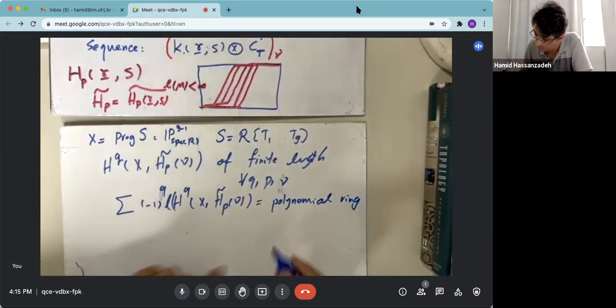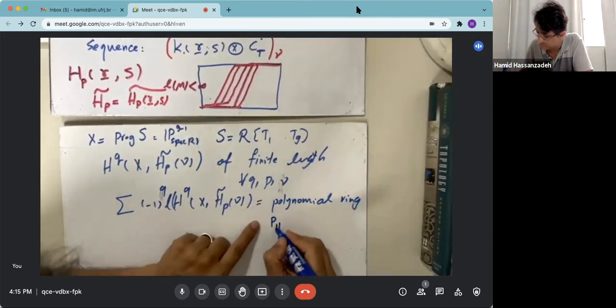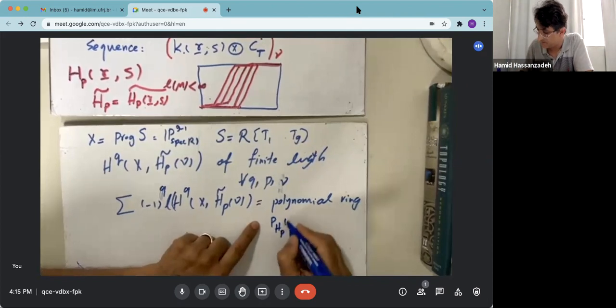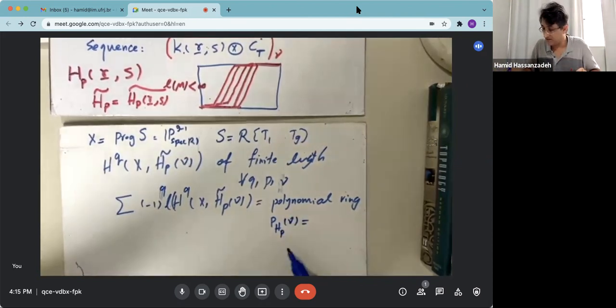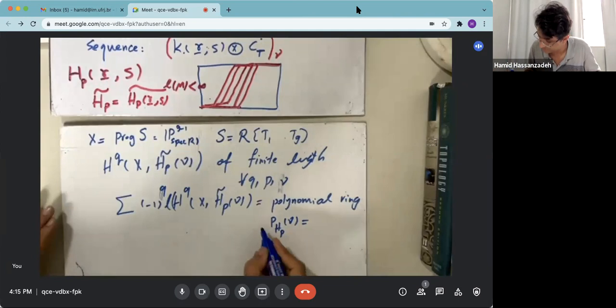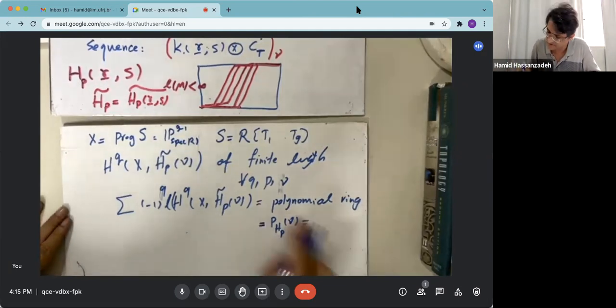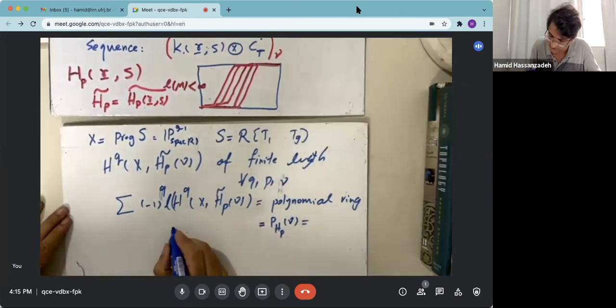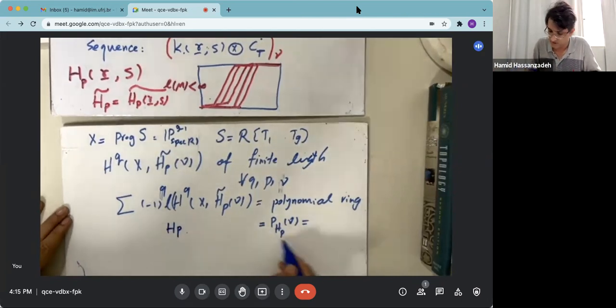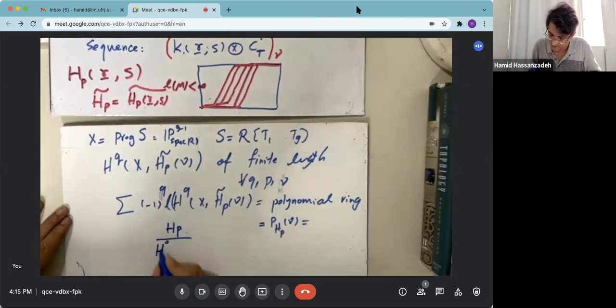Okay, so this polynomial is what we denote by HP of V, but indeed, there is some technical thing here: you have to substitute the module HP by the saturation of its HP.